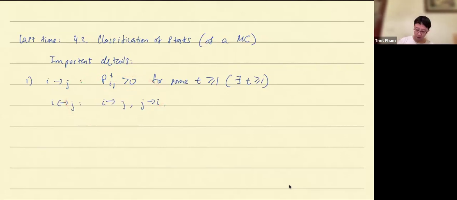But then we have the idea that this relation defines an equivalence relation. Communication defines an equivalence relation, which means it satisfies, okay, sorry, I keep forgetting, this is starting from 0 because it would allow state I to communicate with itself.